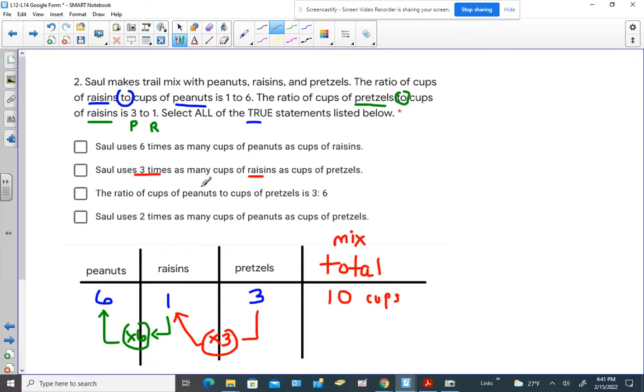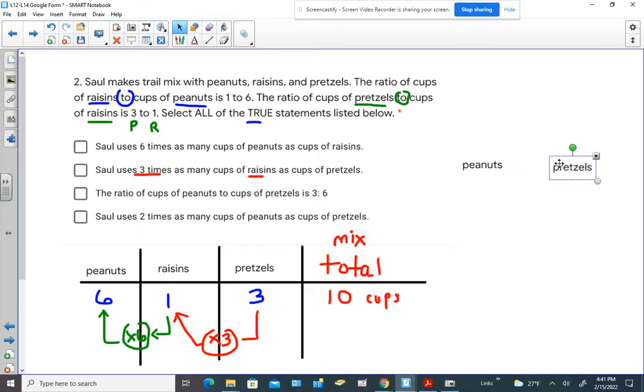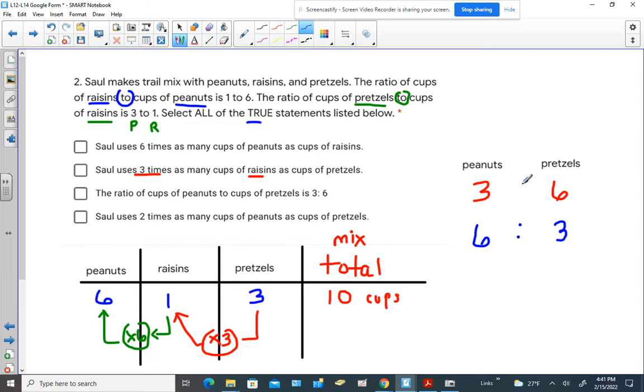All right, let's look at the next statement. The ratio of cups of peanuts to cups of pretzels is 3 to 6. So peanuts to pretzels, let's clone this, peanuts to pretzels, they're saying, is that a 3 to 6 value? So what do we have for peanuts? We have 6. What do we have for pretzels? We have 3. Are these two things equal?